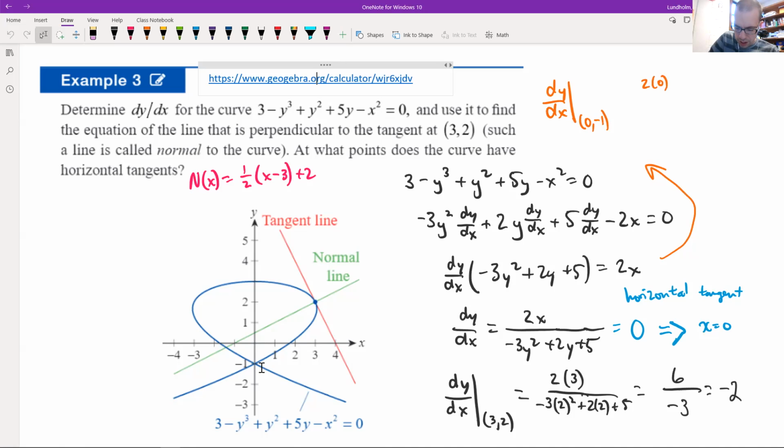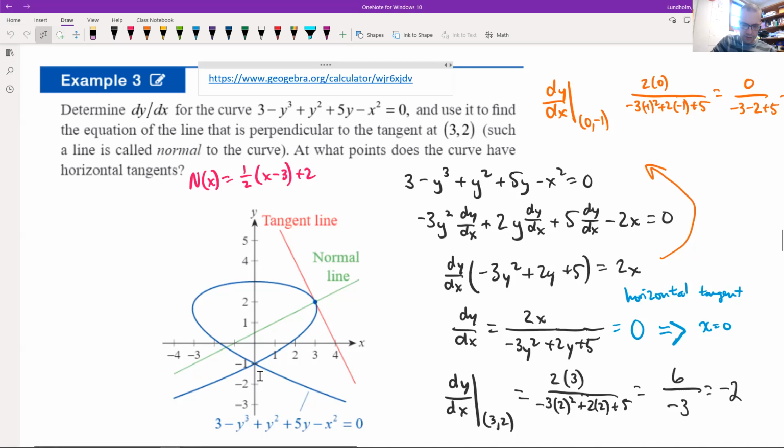We'd have 2 times 0 on top, and we would have -3 times 1 squared plus 2 times -1. Sorry, this is all -1. And then plus 5. Here we would have 0 over -3 minus 2 plus 5. So we do have an indeterminate form of 0 over 0 at this point.